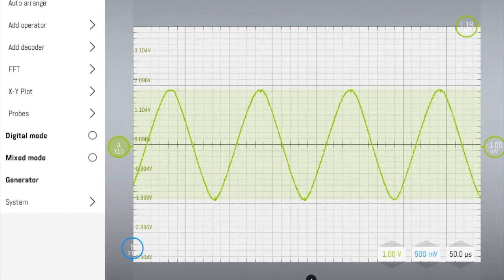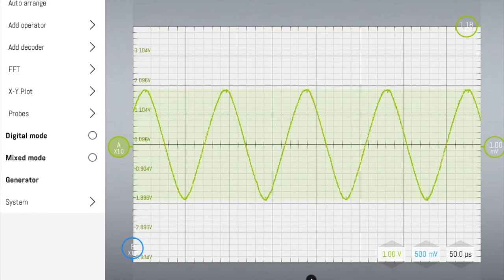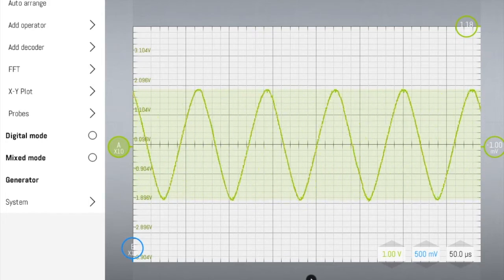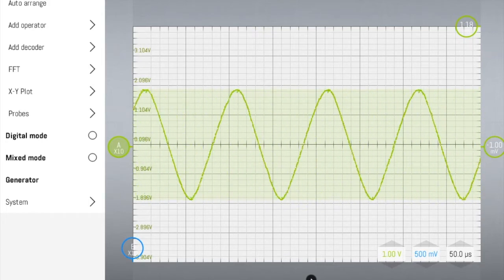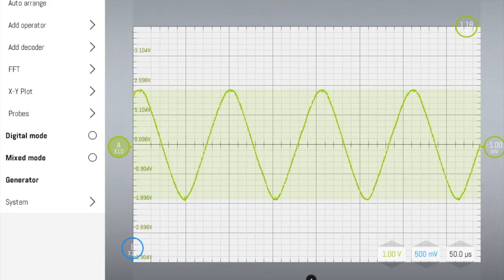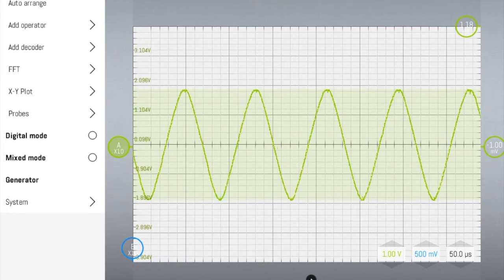I can change the frequency, and if I change the frequency, I've slowed the frequency down. So we've got now fewer cycles per second that are occurring, or I can increase the frequency.